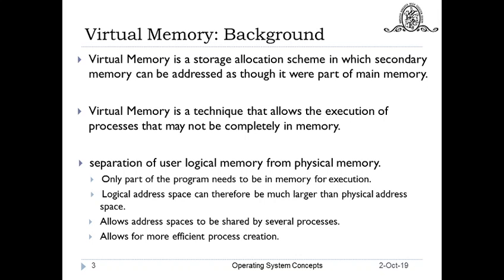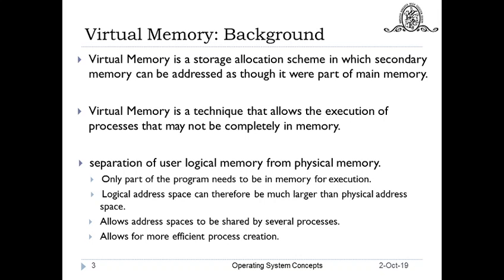So virtual memory is a storage allocation scheme in which secondary memory can be addressed like it is a part of main memory. It is a technique that allows us to execute more and more processes that may not be in the main memory, only some parts of them are in the main memory and the remaining may be on the secondary storage.